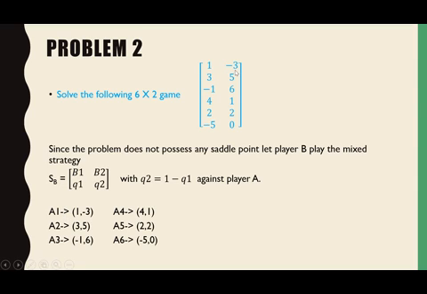A1 is 1 comma minus 3, A2 is 3 comma 5, A3 is minus 1 comma 6, A4 is 4 comma 1, A5 is 2 comma 2, A6 is minus 5 comma 0. So look at the values. The most negative value is minus 5. The most positive value is 6.